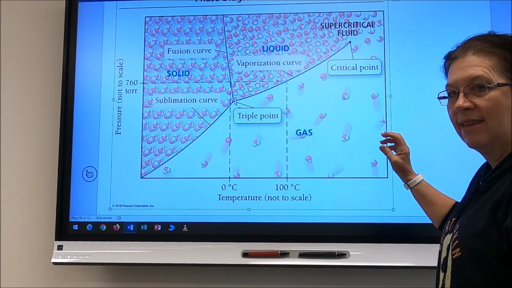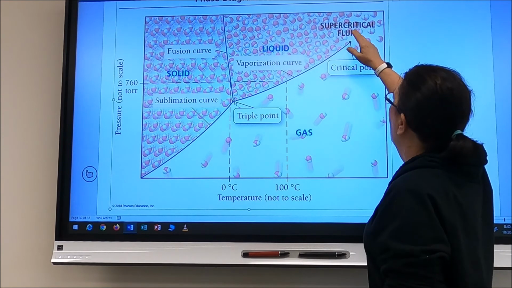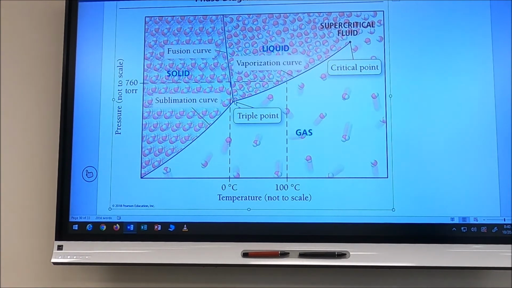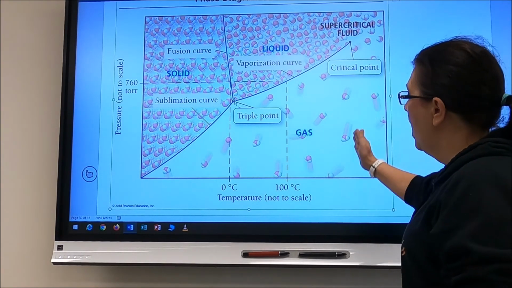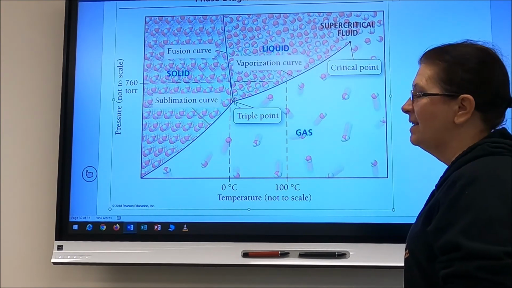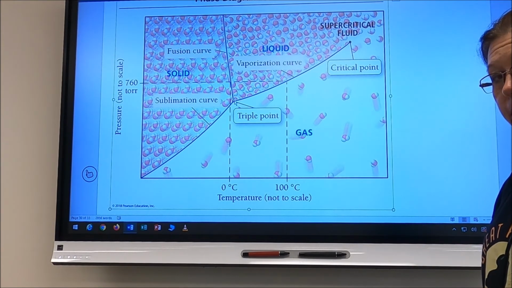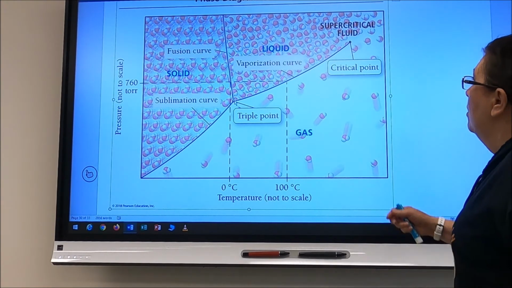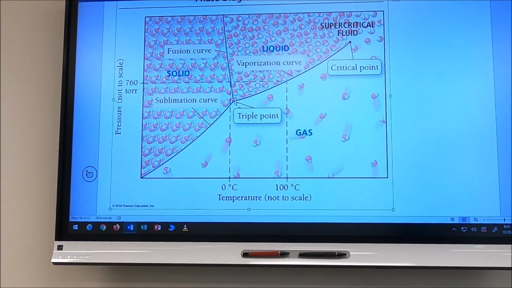The density of the gas has increased, the density of the liquid has decreased, until they kind of merge into what's called the supercritical fluid. Okay? Above the critical temperature, no matter what pressure you apply, you cannot get it to condense into a recognizable liquid.